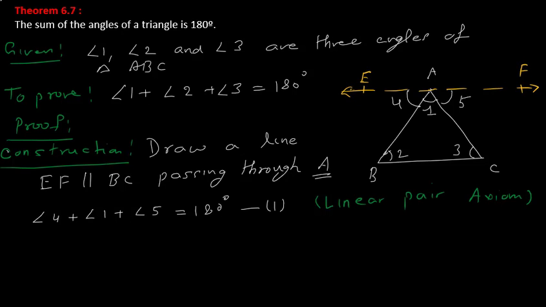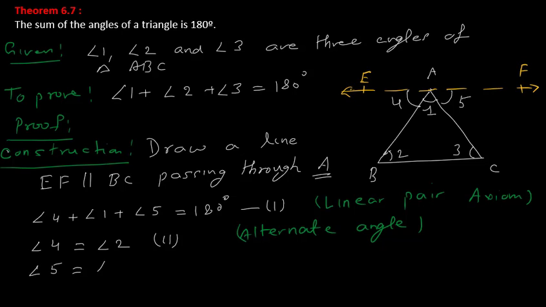Now angle 4 is equal to angle 2, because EF and BC are parallel, so they are alternate angles. So this you can say is equation 2, and the reason you can write as alternate angles. In the same way, angle 5 is equal to angle 3.